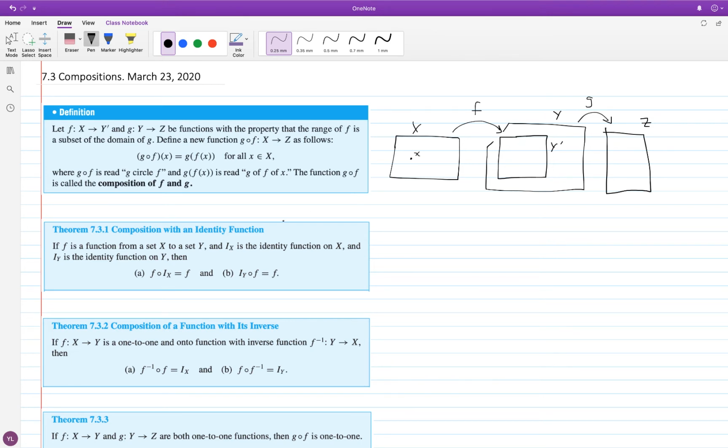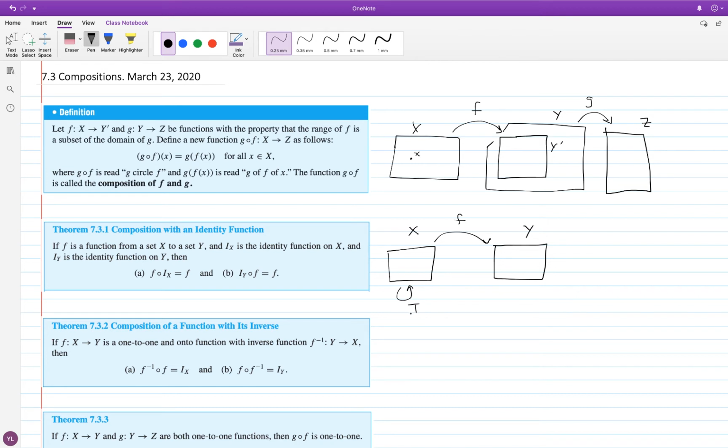If we think about composing functions with special functions like identities or inverses, let's just think through why these statements would be true. If you've got a function f from X, let's say, to Y, and we consider composing f with the identity in a couple different ways, we get the following results.